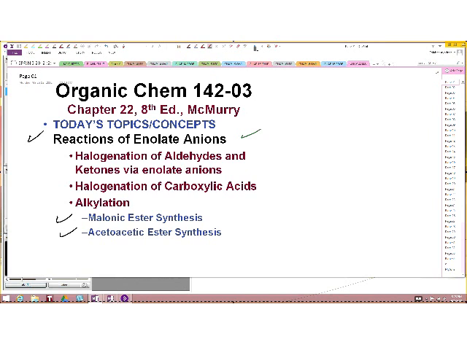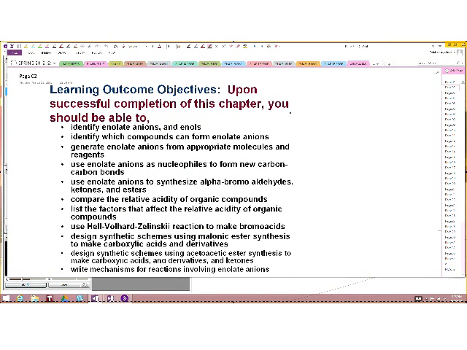Before we start, of course, I want to show you this slide here, which gives you the list of learning outcome objectives. In other words, upon completion of this chapter, you should be able to identify Enolate anions and enols.